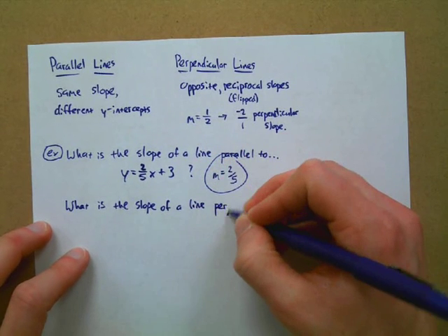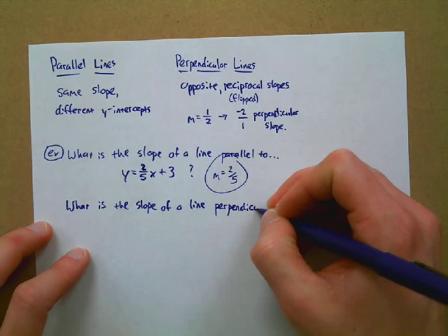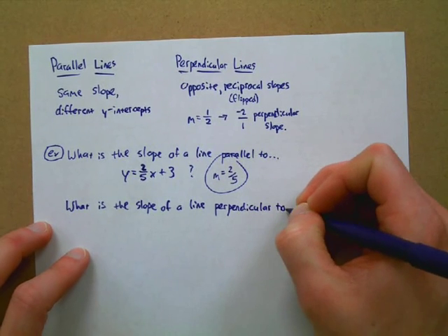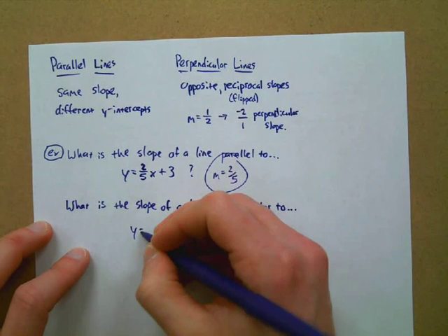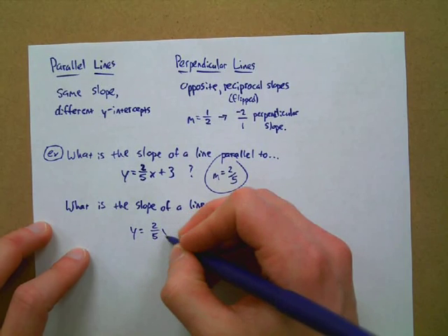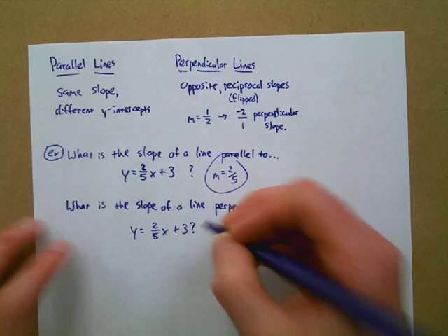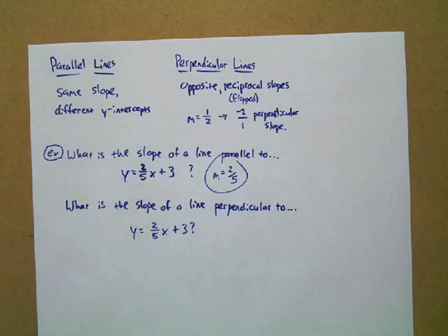What is the slope of a line perpendicular to this? So again, you got to think, what's the slope of this line? And what do I have to do to that to make it a perpendicular slope? So, Carlos, go ahead. What's it going to be? -5 over 2. You got it. Very good. Okay, that's right.